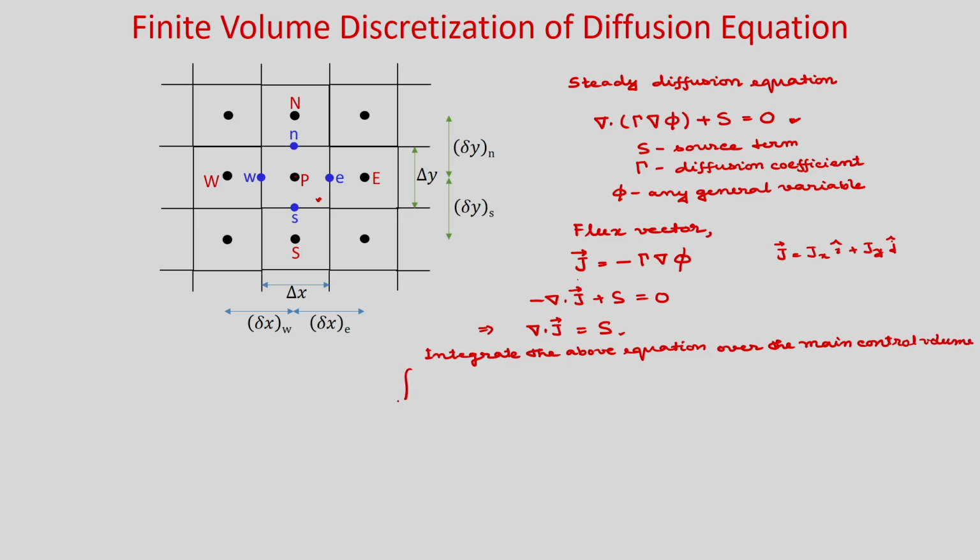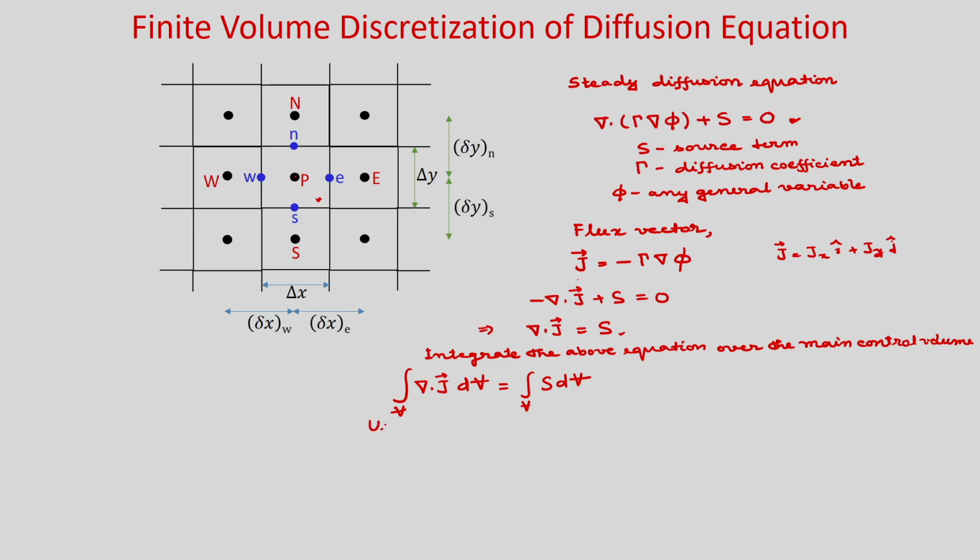Okay. So, we will integrate it. So, volume integral of divergence of J dV is equal to volume integral of the source term S dV. So, now for the flux vector, this integral will convert volume integral to surface integral using Gauss divergence theorem.